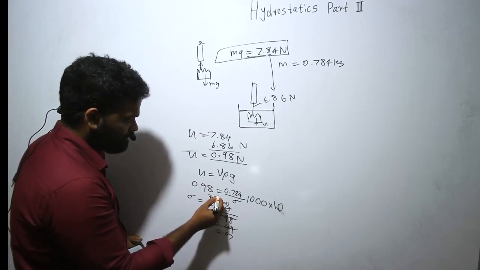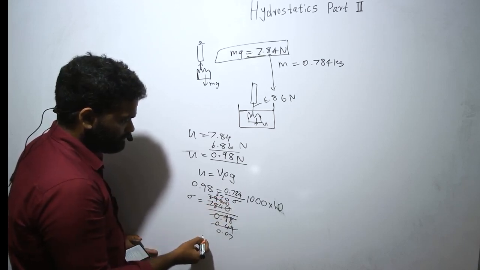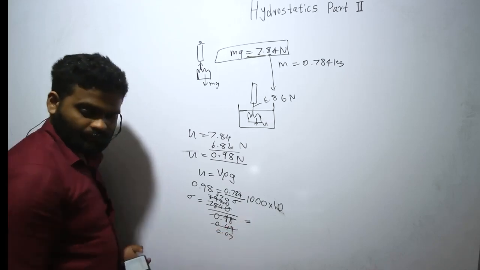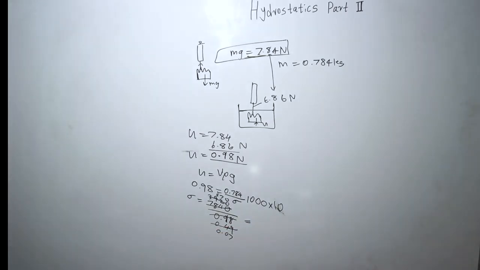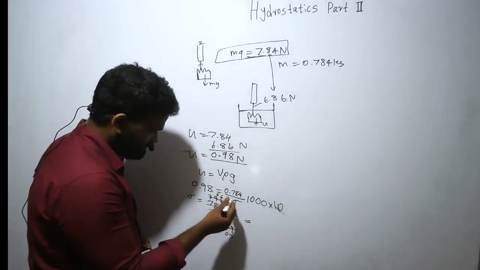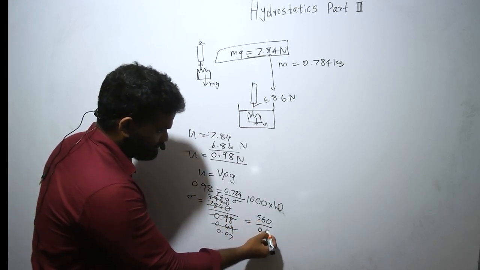You get 5, 7, 0. Should divide, no, 5, 6, right? 560. Okay, so we have 560 divided by 0.07.